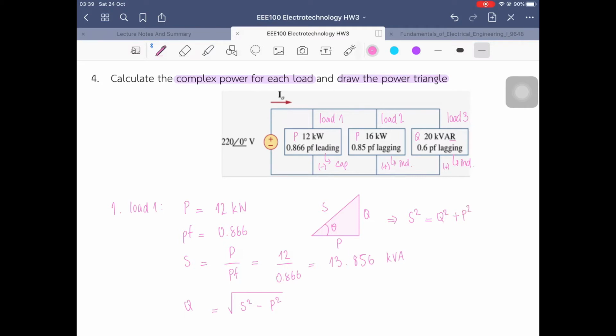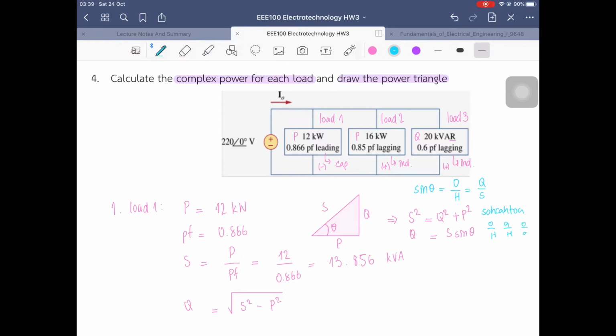So it's S squared equals Q squared plus P squared, or you can do it by trigonometry as Q equals sine of theta multiplied by S, which comes from sine theta equals opposite side over hypotenuse, which means Q over S. So if we find Q, it means S multiplied by sine theta, and you can remember that very easily.